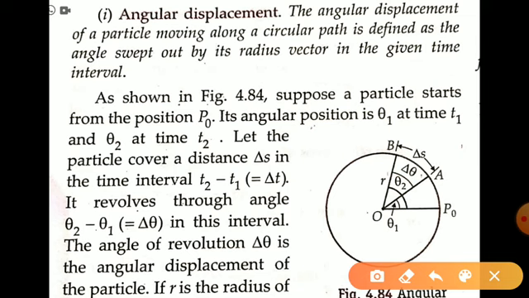So we can define the angle described by the particle about the axis of rotation, that is the center, in a given time, as angular displacement.